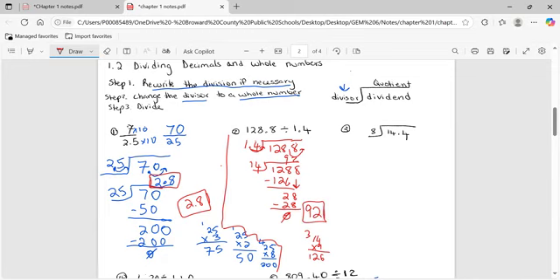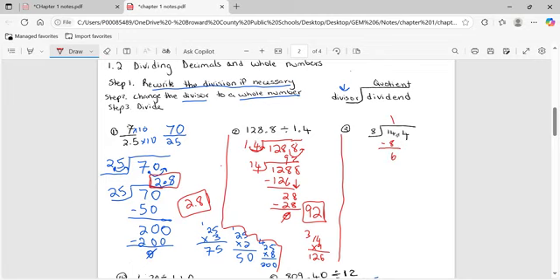I'm going to do one more with you, then I want you to try the next 2. Here, 8 is already in a division bar, so I'm good to go. And 8 is a whole number, so I'm great. I'm just ready to actually solve this. 8 can go into 14 one time. 1 times 8 is 8. 14 minus 8 is going to give me 6.